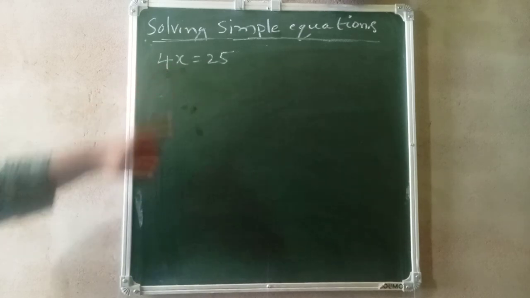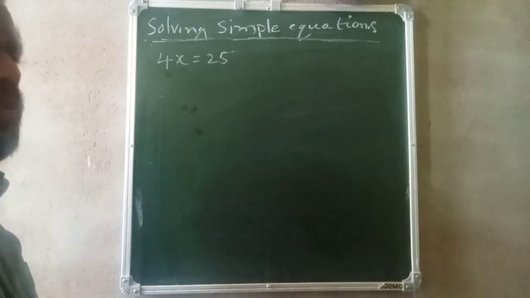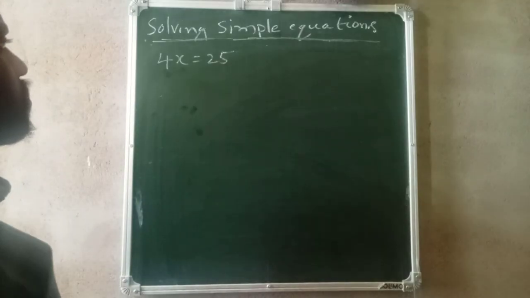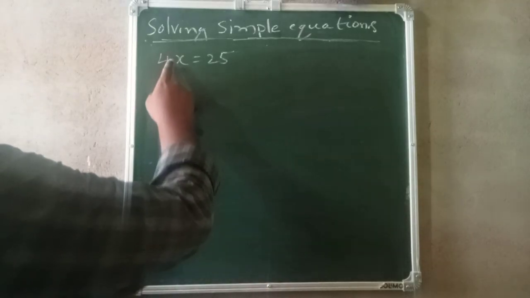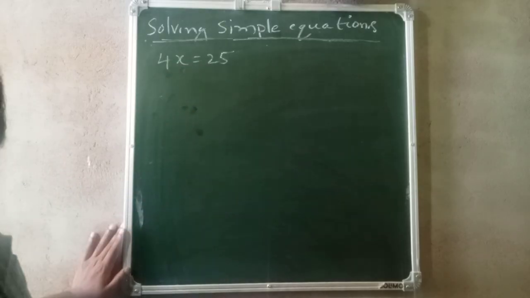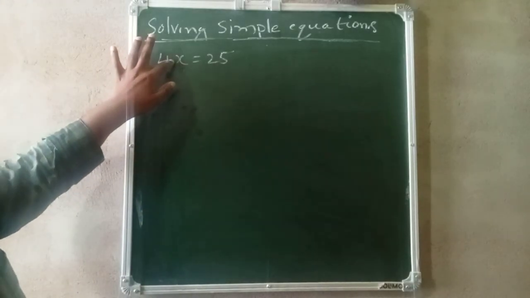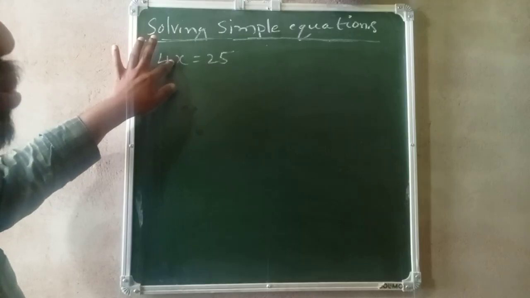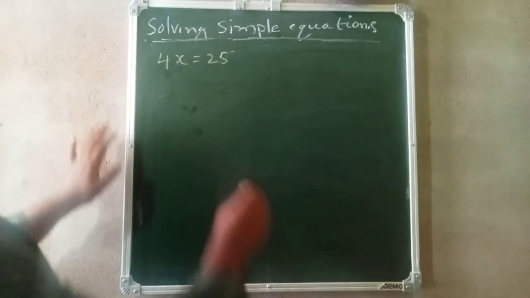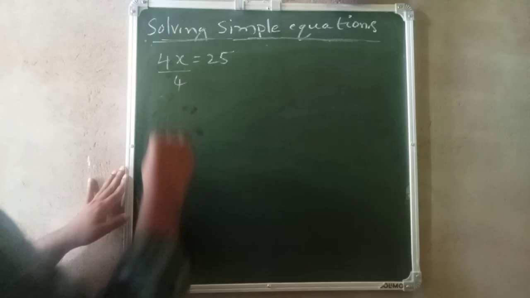So simply we cannot remove it, we have to follow a process. So it is 4x. 4x means it's like 4 into x. So between 4 and x there is a multiplication. Because of the multiplication, to remove this 4, divide by 4.